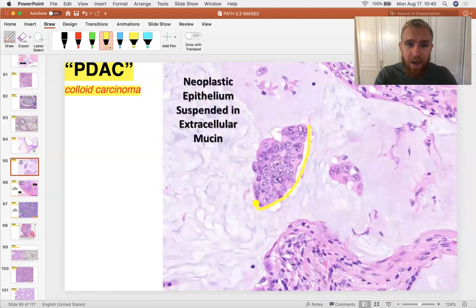Neoplastic cells suspended in extracellular mucin. You can tell something pathological is going on. You see some spindle cells and fibrous stroma. But the cancer is right there in the middle. And so you're going to say that is a ductal carcinoma, not a cyst.